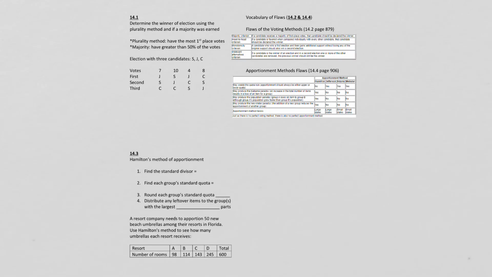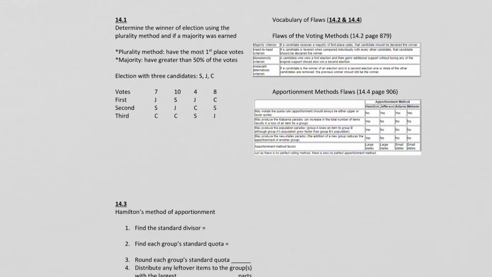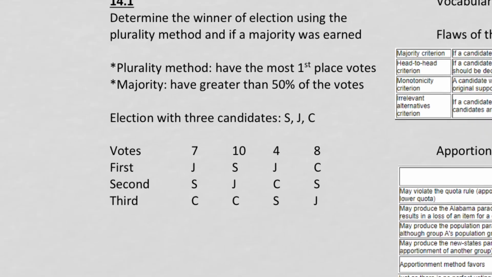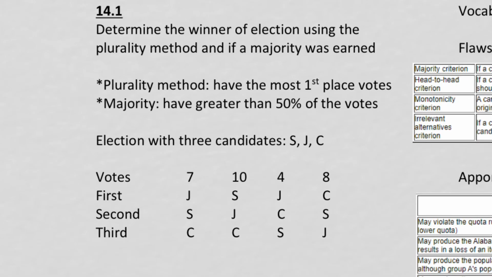Okay, last of all, we have chapter 14, voting theory. So we're going to do 14.1, 14.3, and then the flaws. So in 14.1, remember those 4 different ways you can determine the winner of an election.